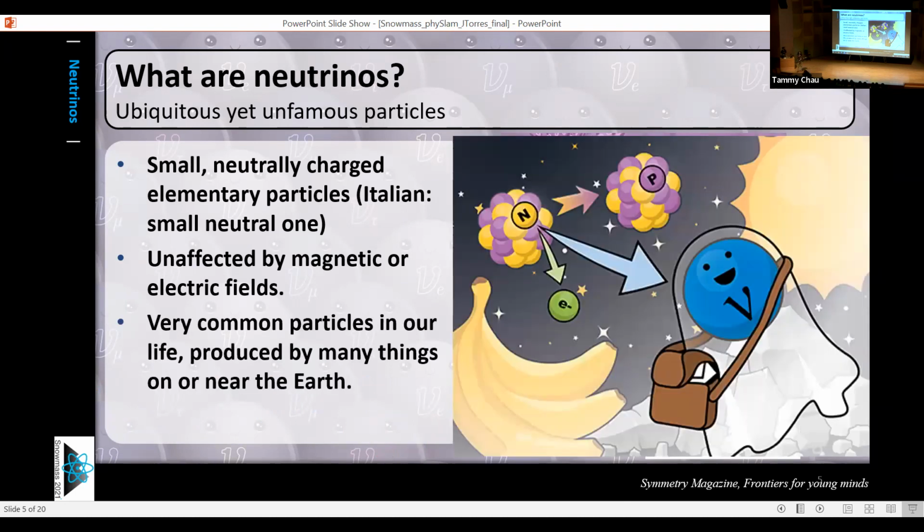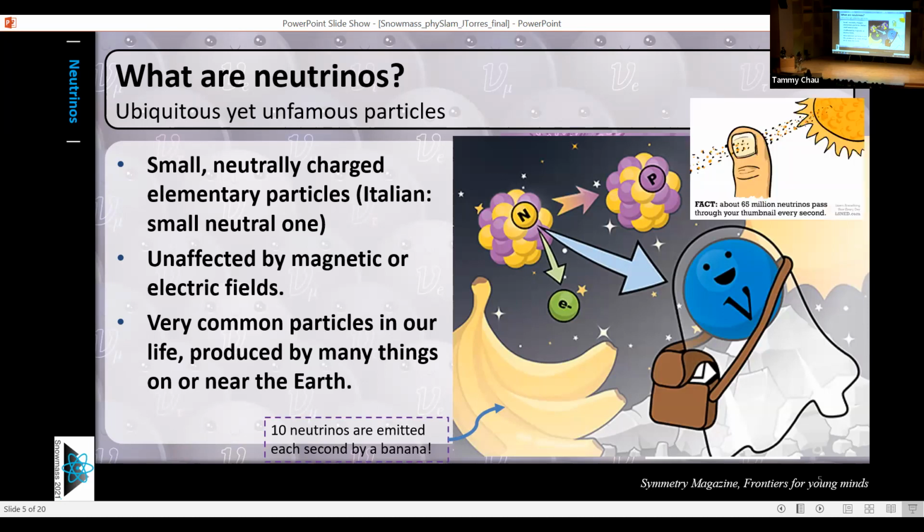And then finally, they are very common particles in our universe. They are produced on the Earth, near the Earth, and far from the Earth. For example, every second 10 neutrinos are emitted by a banana. Yeah, by a banana. So the result of solar neutrinos, about 65 million of these guys pass through your thumbnail every second.